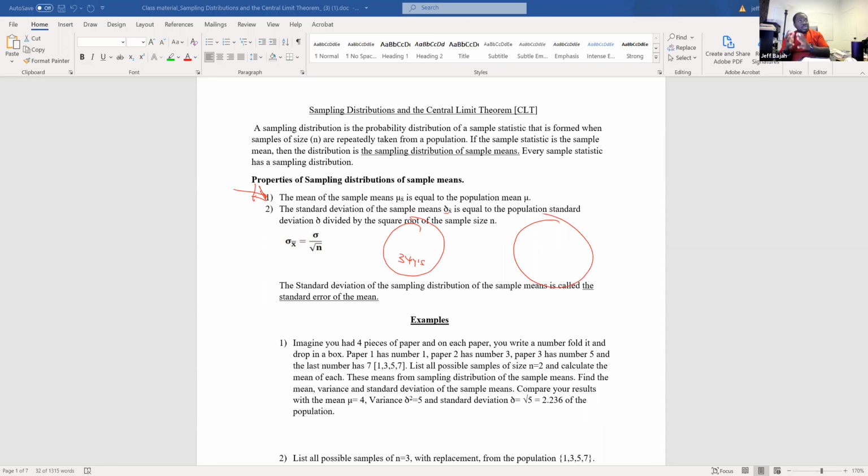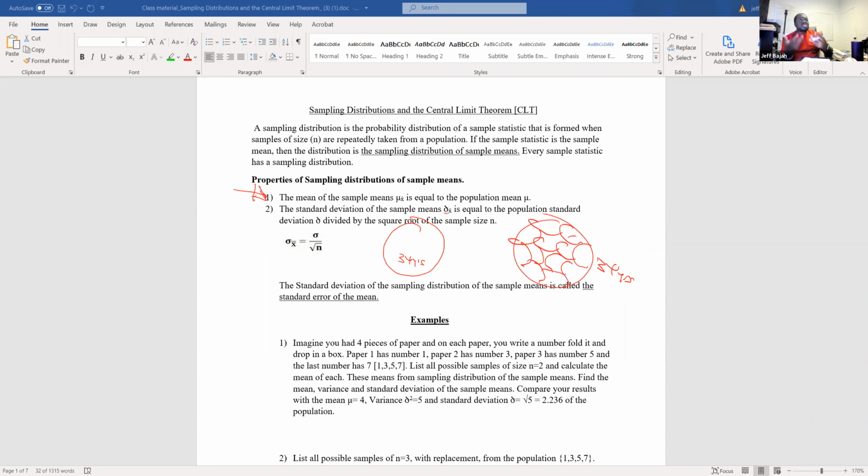What this property is saying is that if you take all the samples, the average of all those sample means will give you what? 34 years. That's what the rule says, right? So the average of all your sample means will give you the same result as your population mean. That's interesting, right? That's an interesting concept.